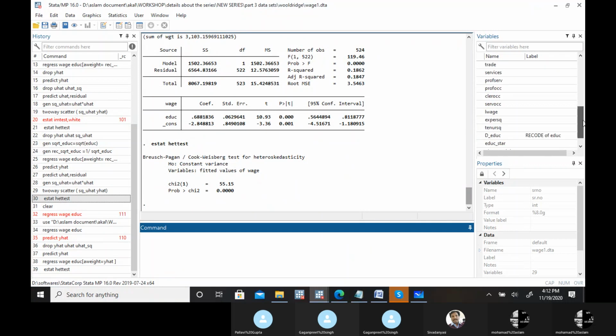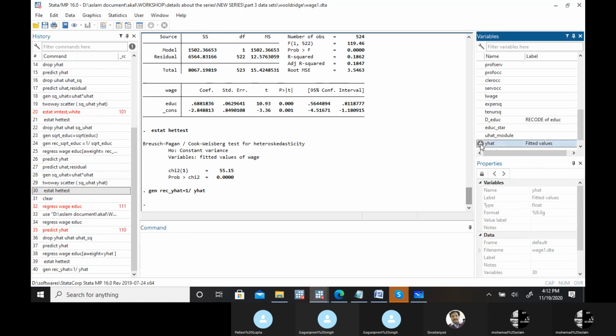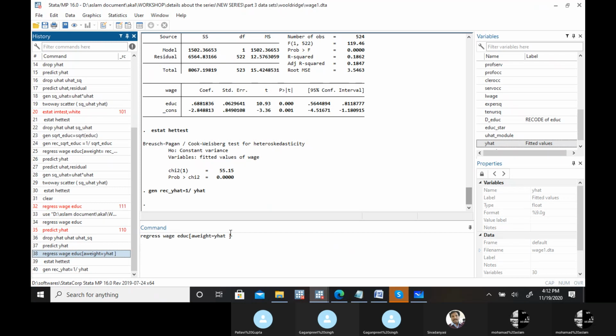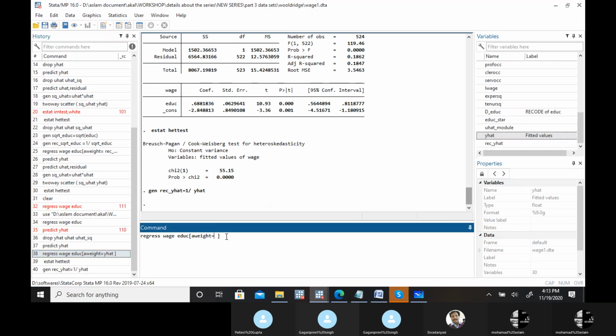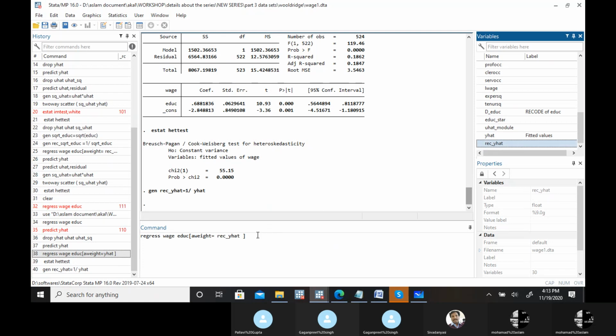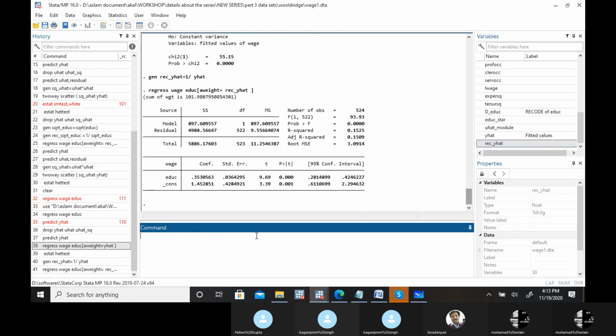We have to take the reciprocal, it is 1 by y hat, and apply it as a weight. Yeah, the standard error is reduced.